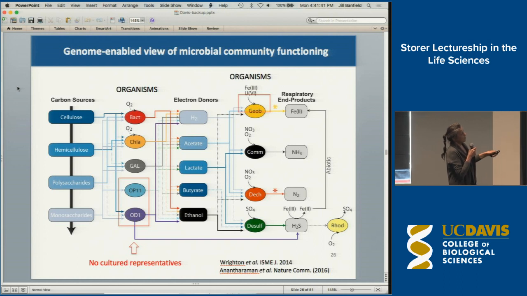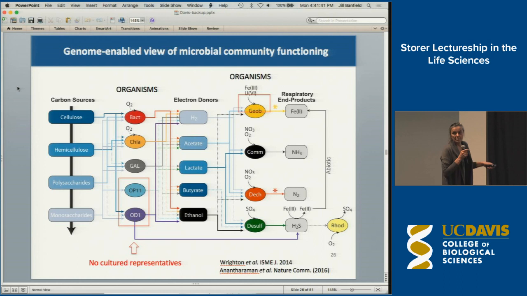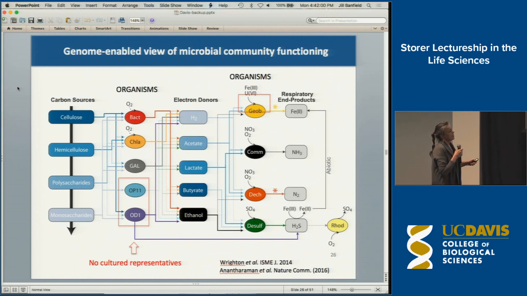We have products of their metabolism, for example, through fermentation, these compounds, acetate, lactate, hydrogen, ethanol, and so forth, that then feed other organisms in the community, such as the famous, from Rifle especially, Geobacter organisms, which carry out geochemically important transformations, such as iron reduction, as shown here, and uranium reduction.